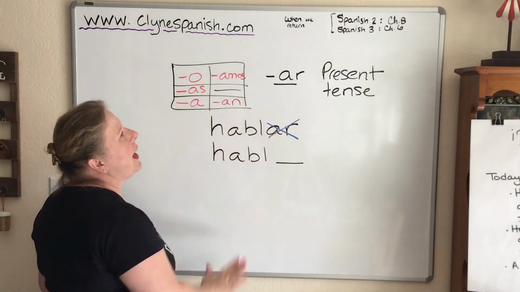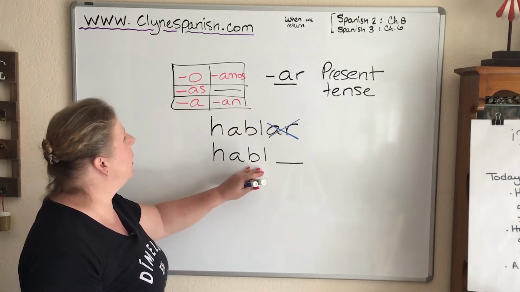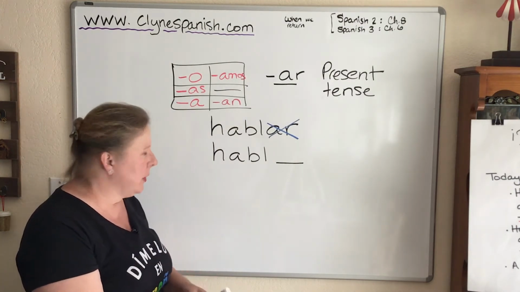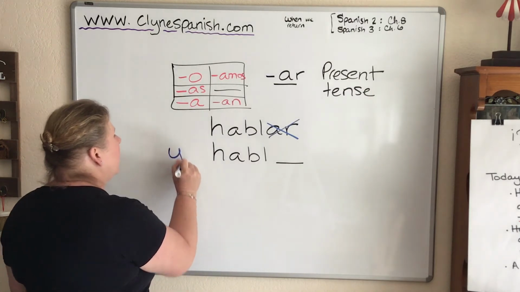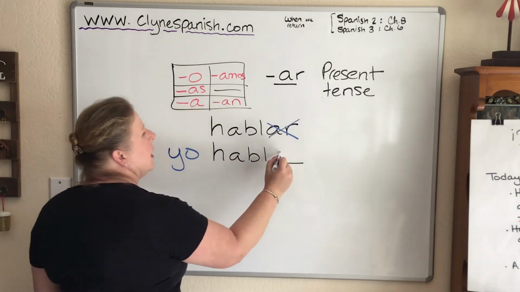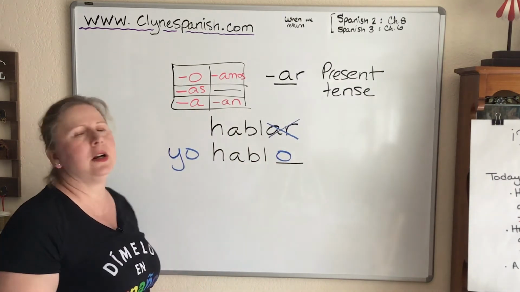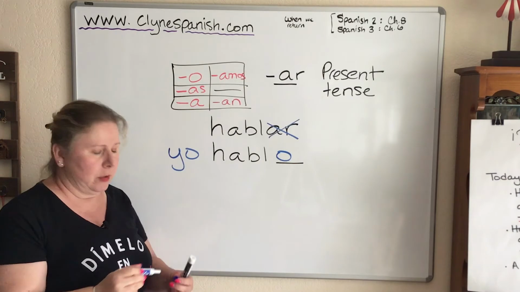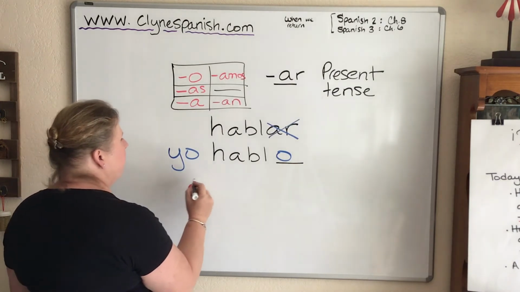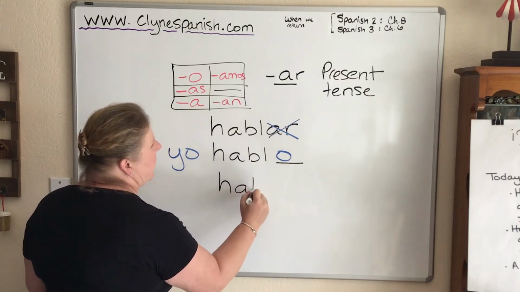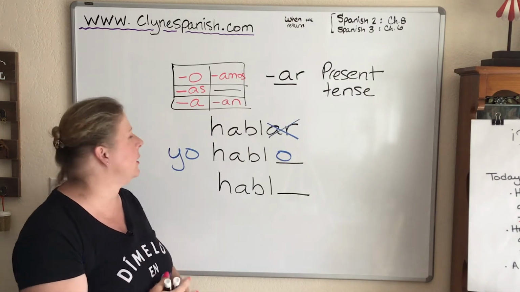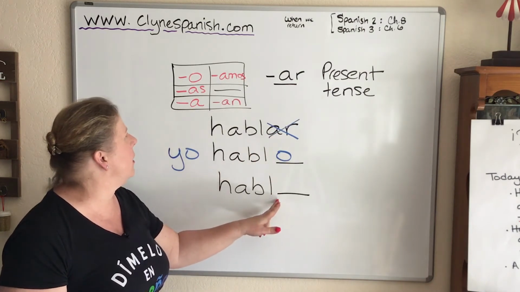All right, so AR present tense. We have hablar. Now, if you want it to be in the yo form, you know that the yo form ends in o, and therefore yo hablo. What about if I want it to be in the tú form? Again, I've got my stem. What would it be for the tú form? Take a look. We drop off the AR.